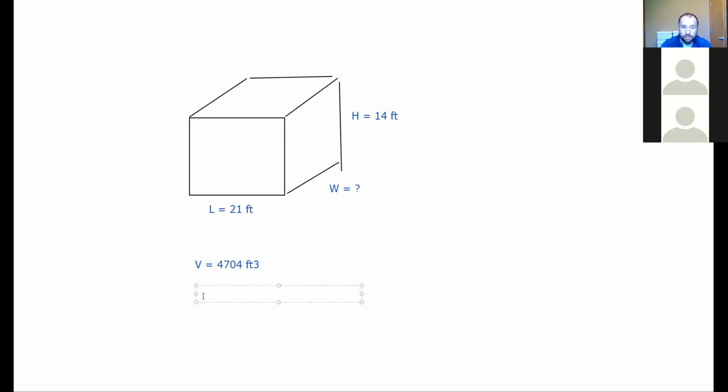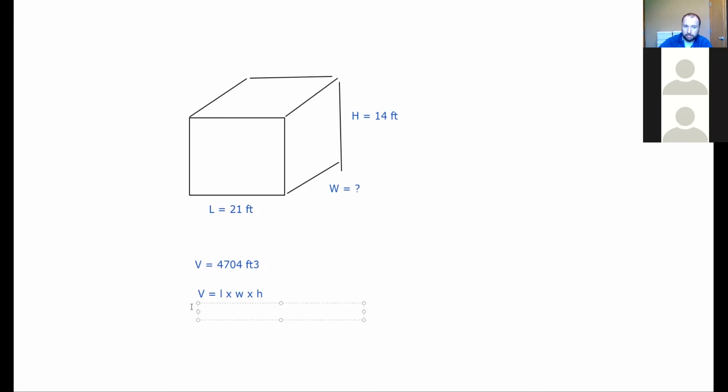We know that volume of a rectangular prism equals length times width times height, right? So let's take what we know and plug it into this formula and solve it like an algebra problem. Okay? I know some of you don't love algebra, but sometimes it's the easiest way to solve things.